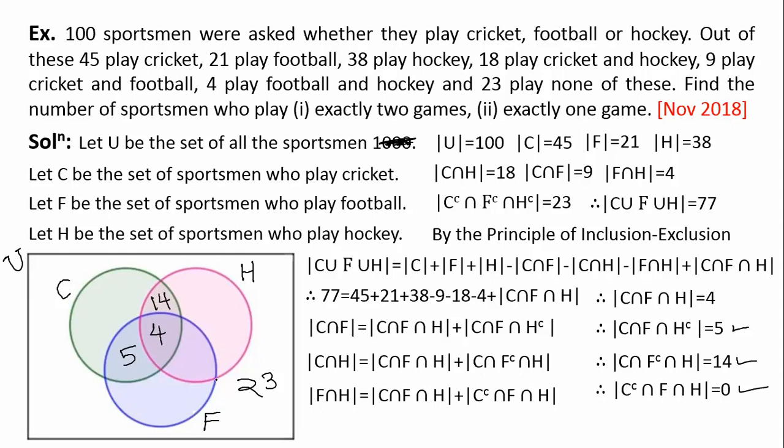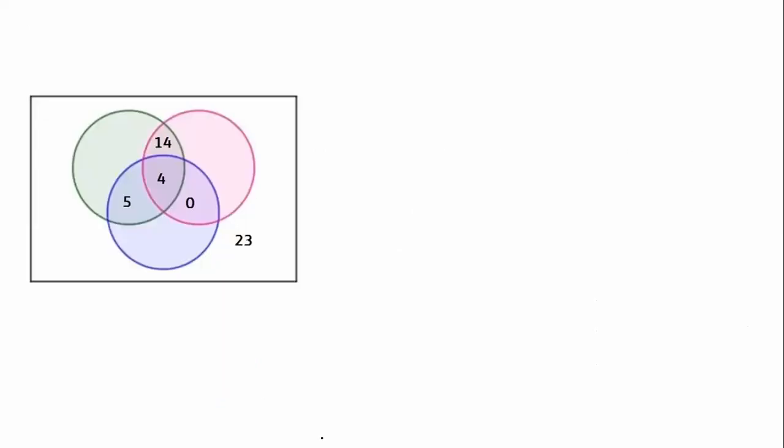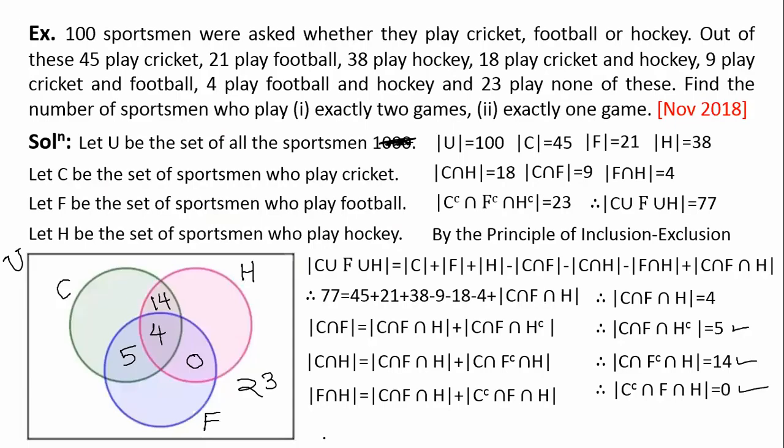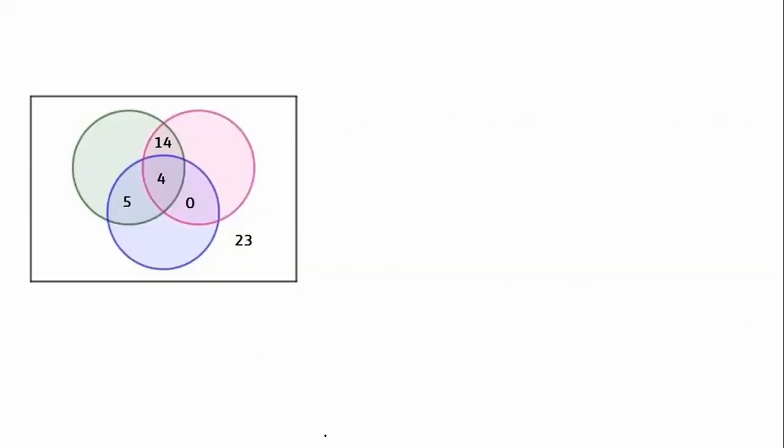And one more thing, people playing not cricket but football and hockey, and that is equal to 0. So this much information is with us, and we have noted it. Now let us try to solve further.